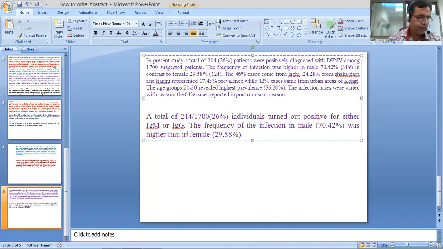Then it would be followed by the most important aspect of this study, for which we actually are looking for endemicity or incidence of dengue fever, that where the incidence was higher.